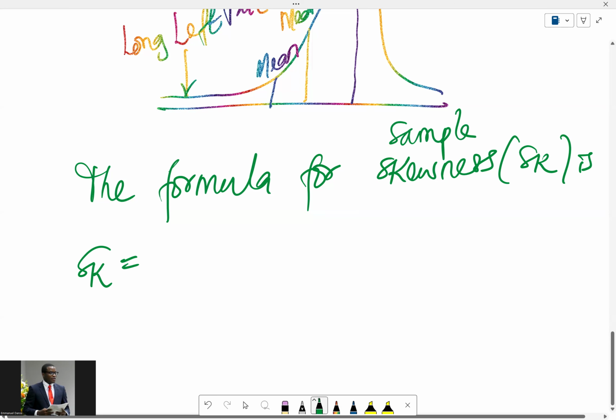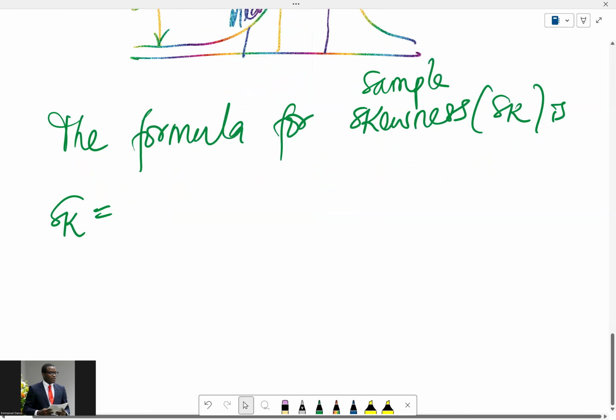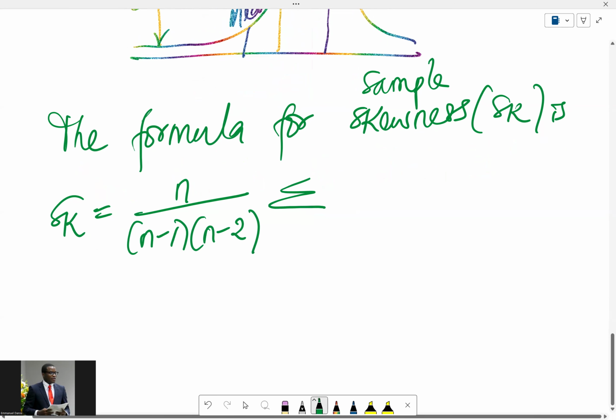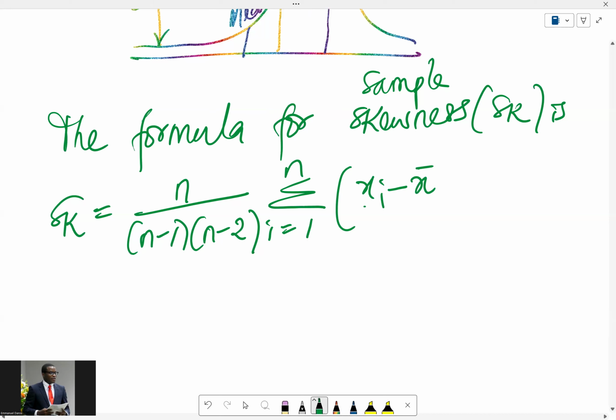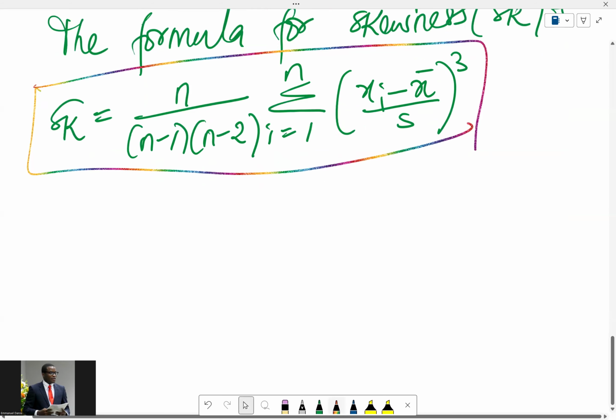I'll just write the formula. I won't really apply it. So the formula for sample skewness, SK, is n over (n minus 1)(n minus 2), summation from i equals 1 to n of (xi minus x bar), all over s raised to power 3. So this is the formula for sample skewness.